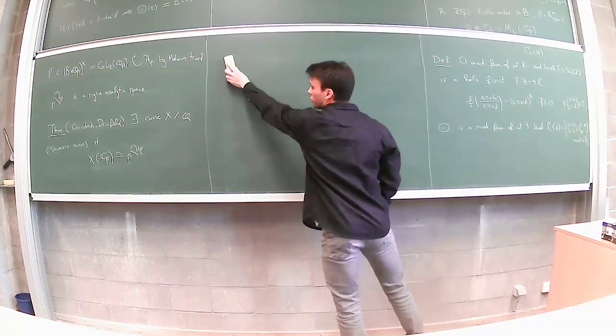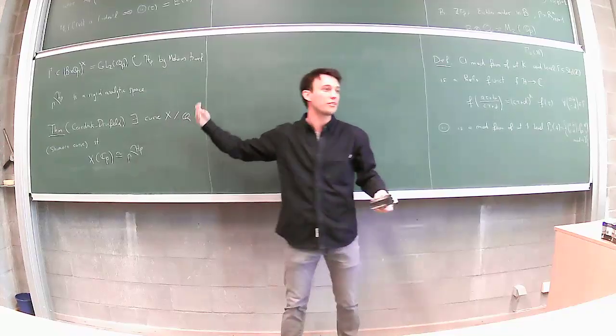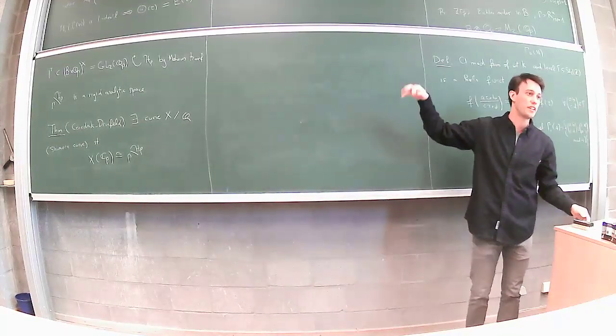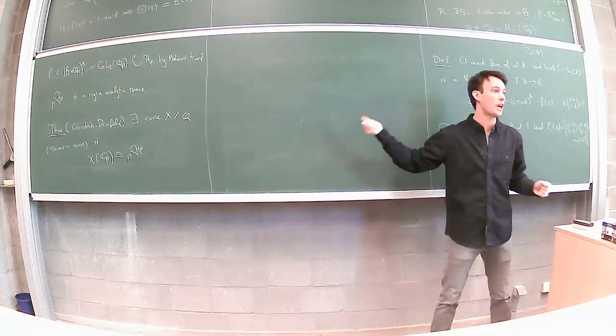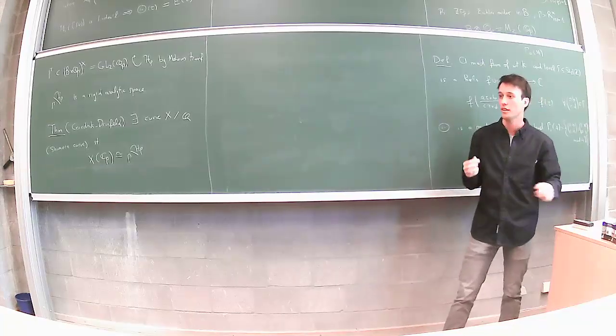So this is the object where the geometric generalization of these theta functions will happen, but now I need to introduce a particular type of special points in this curve that are called Heegner points.